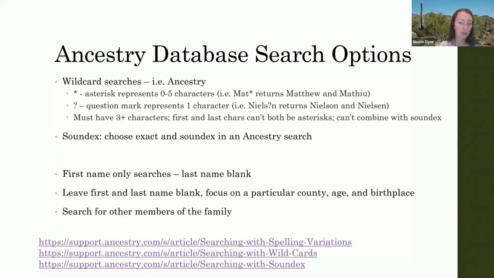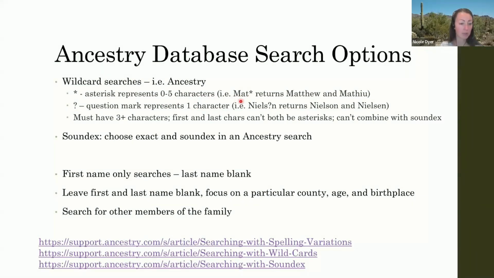So we're going to focus on Ancestry, but a lot of this is applicable to FamilySearch and other databases as well. In Ancestry, we're not only limited to Soundex, but we also have wildcard searches. When you're using wildcards in Ancestry, an asterisk can represent between 0 and 5 characters.